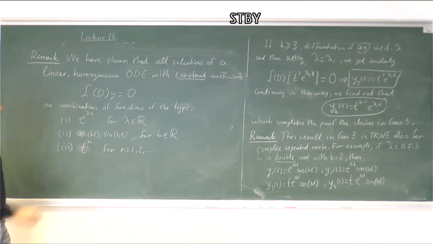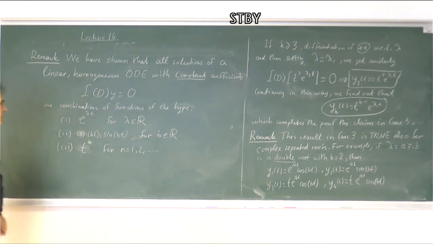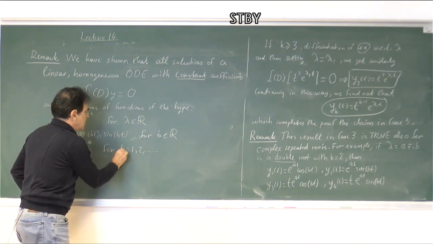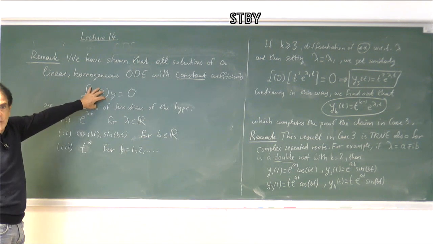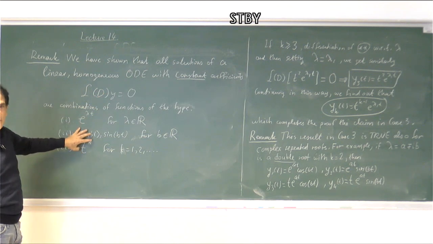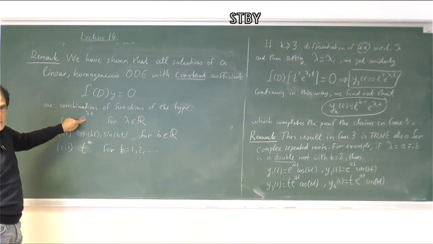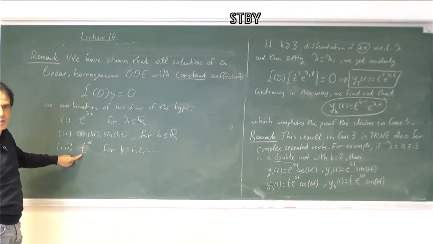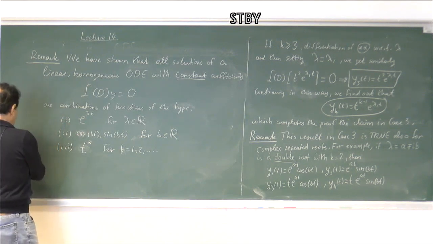Good? But let's say k, in order not to confuse with the order of the differential equation. So the solutions of such an equation are all expressible in terms of elementary functions, which are combinations of exponentials, circular functions, and monomials in the general situation. And this is a finite combination.